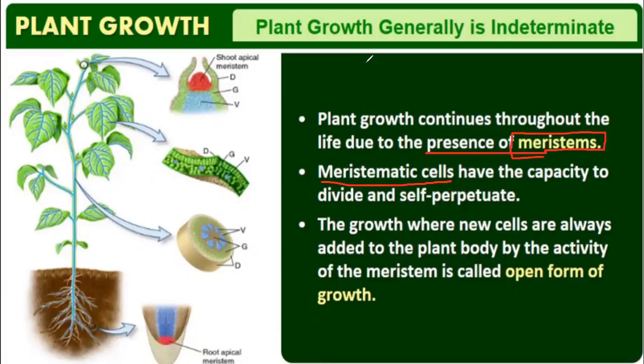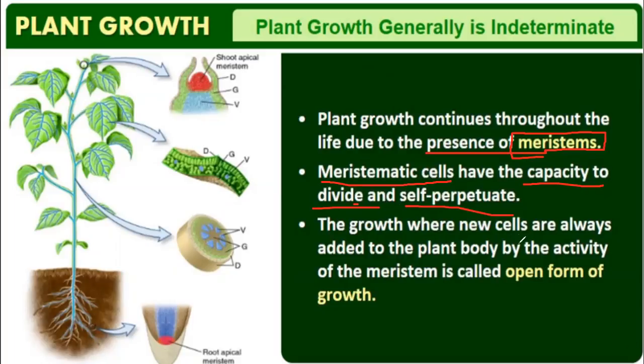Meristematic cells have the ability to divide and self-perpetuate, whereas permanent cells are those meristematic cells that, after a fixed amount of division, get converted into permanent tissue that has lost the ability of self-replication.